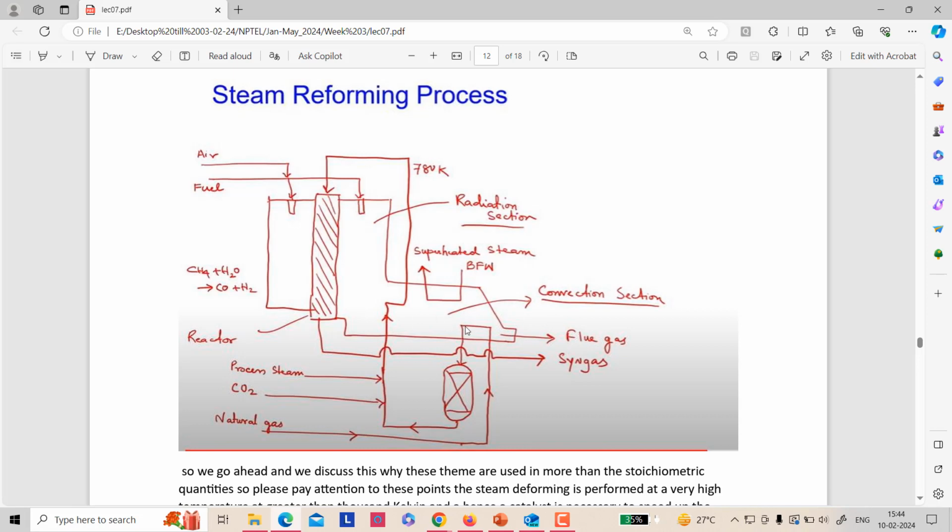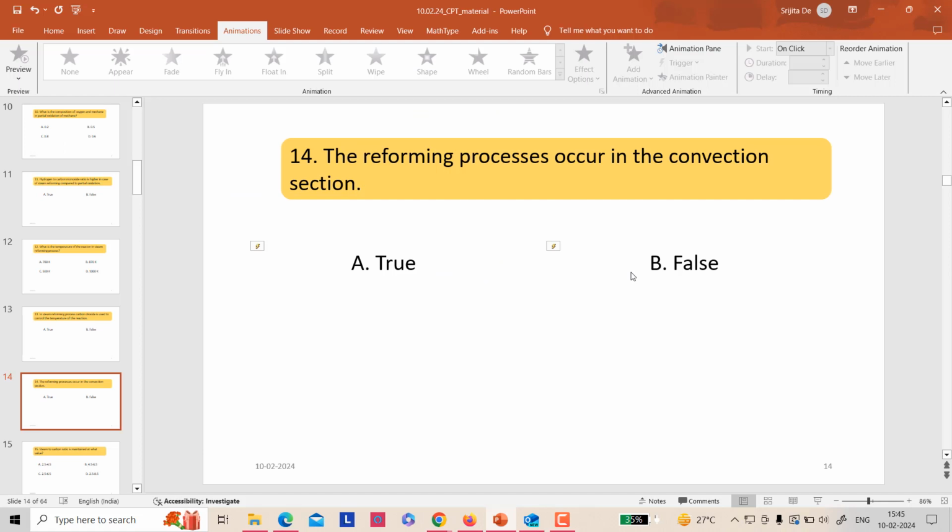So in the convection section, heat is delivered from one place to another, but in the radiation section, the reformer reactor is there and the reforming process takes place. So here the answer will be false. The reforming process does not occur in the convection section.